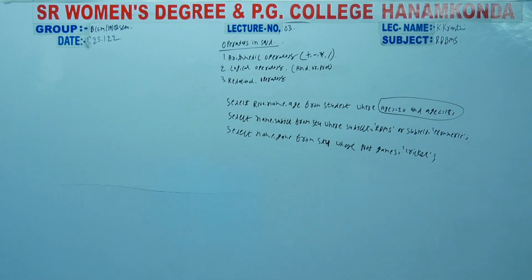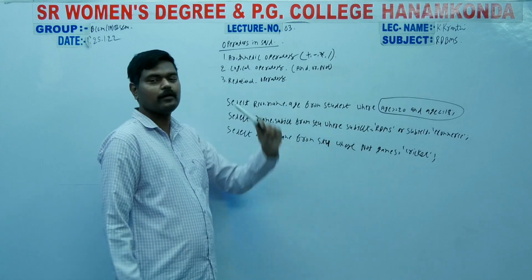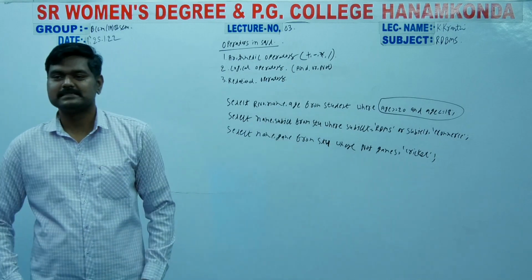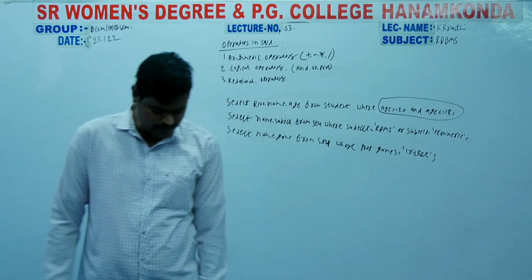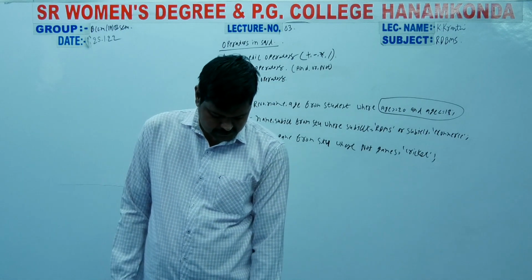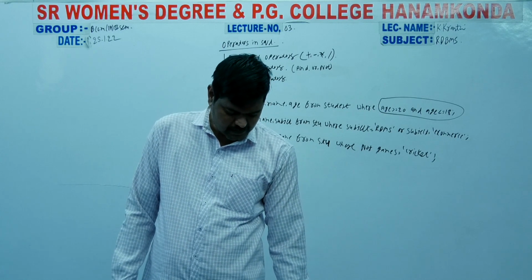AND, OR, NOT, these three we can call logical operators. Arithmetical operators are addition, subtraction, multiplication and division. So by this we have completed these two things, and next we have the relational operators.